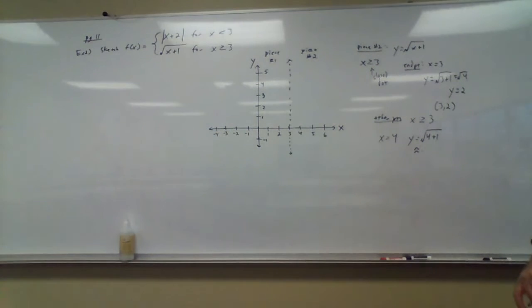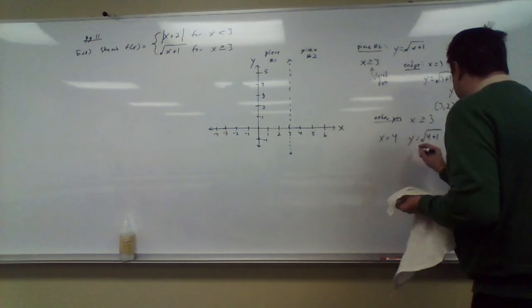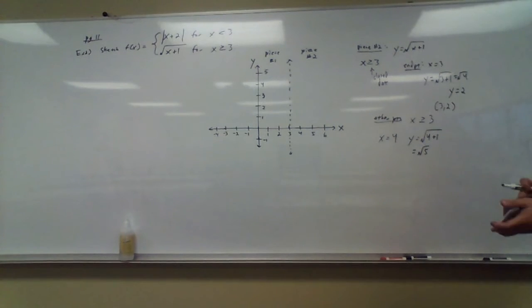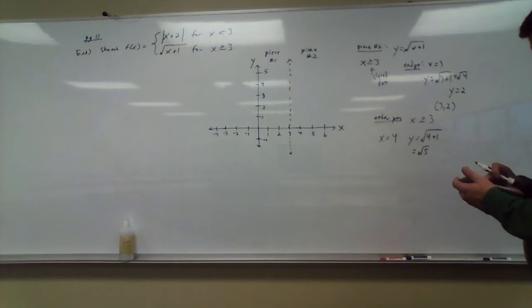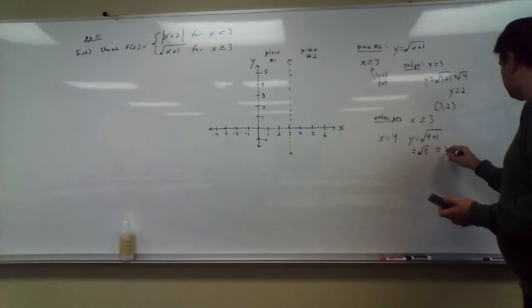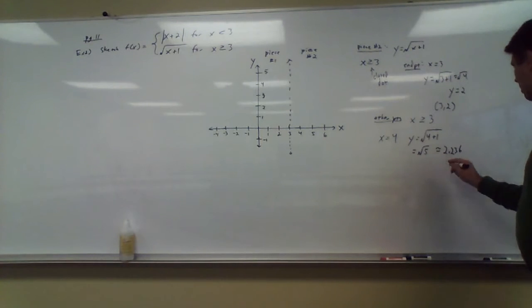So it's not approximately equal to, it is equal to. And the square root of 5 is approximately 2.236. You can round as approximate as you want, since there are no rounding instructions.